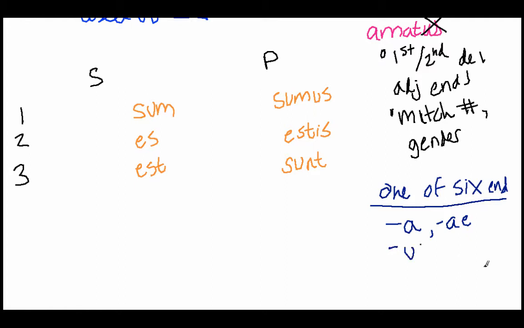It can be us, it can be i, and obviously that is the masculine singular nominative and the masculine plural nominative. And finally, you have a for your neuter singular nominative and your neuter plural nominative.